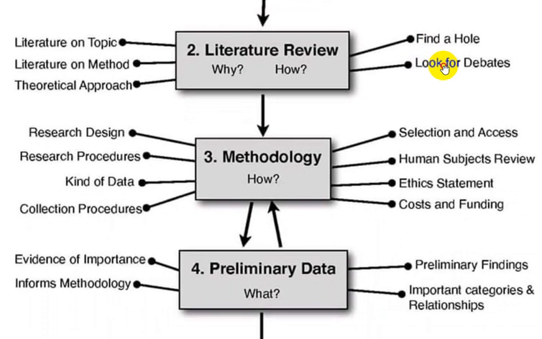The second part of the research proposal is the literature review. In the literature review, we always report the previous literature, or the knowledge that is already present, the previous studies that have already been conducted on the same topic or close to the topic.